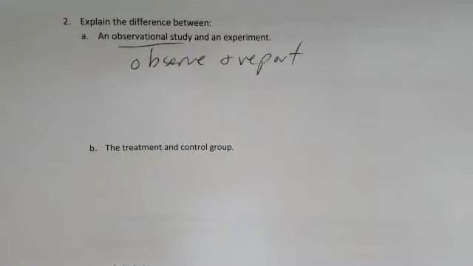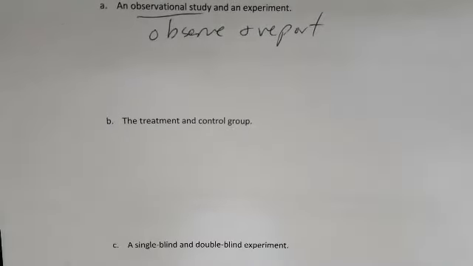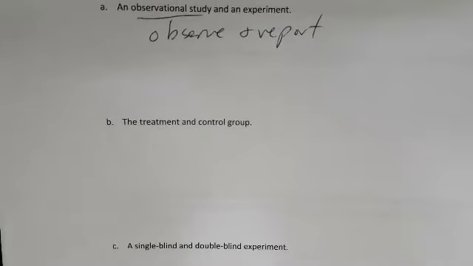In an experiment, researchers apply a treatment to some or all the sample members and observe the effects of the treatment. I can just juxtapose them. Okay. And so the key word there is that they apply a treatment.